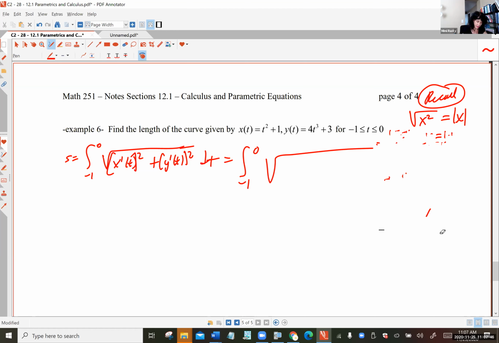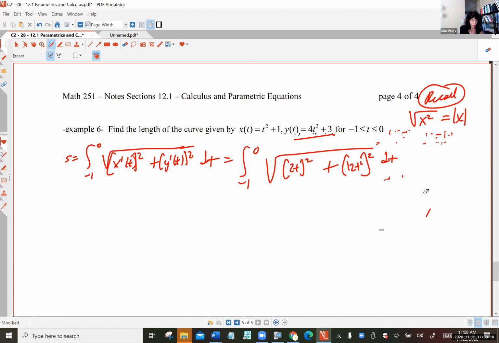Well, x is t squared plus 1, so its derivative is 2t. So you have (2t) squared plus, and then what's y prime? If y is equal to 4t cubed plus 3, the derivative is 12t squared. Now go integrate that.